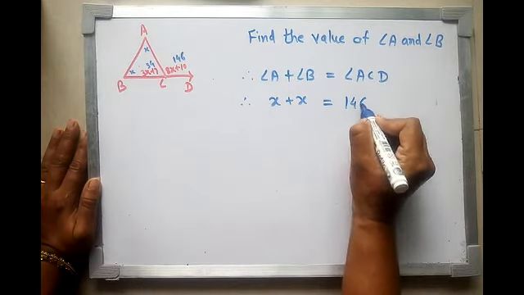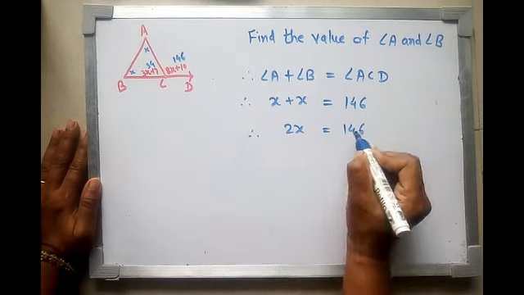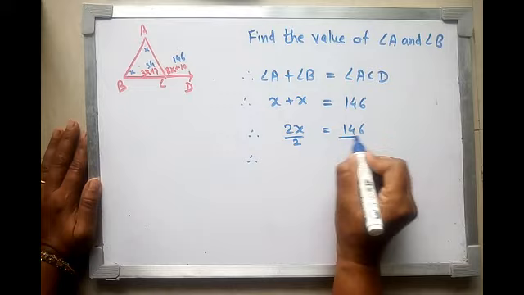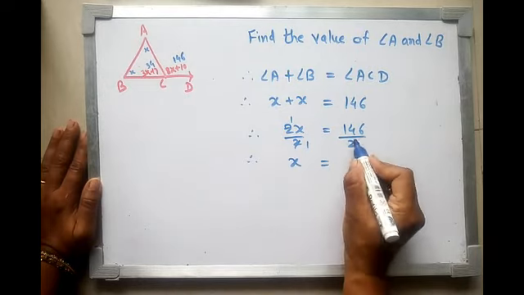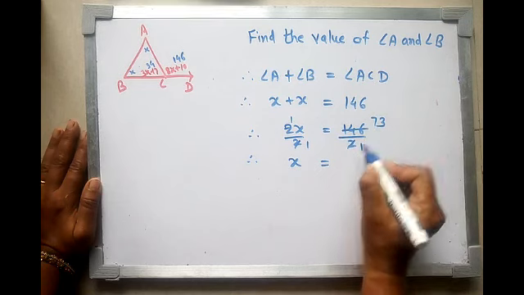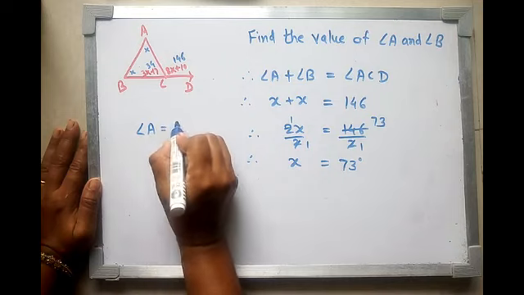x plus x is 146. 2x is equal to 146, divided by 2. 2 ones are 2, 2 sevens are 14, 2 threes are 6. x is equal to 73.